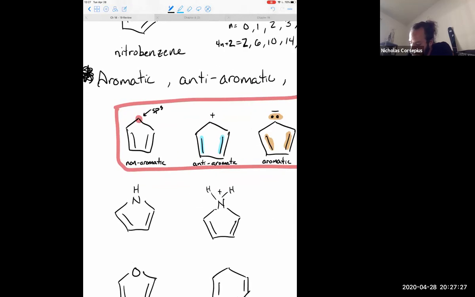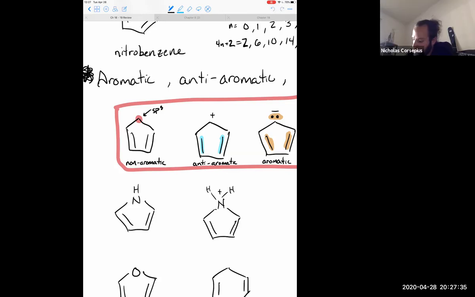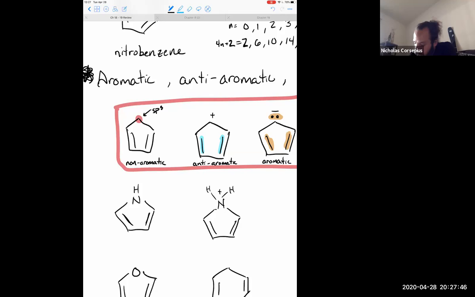This is again, who? Azacyclopentane. That was pretty good, but because it's got these double bonds, we call it something special.